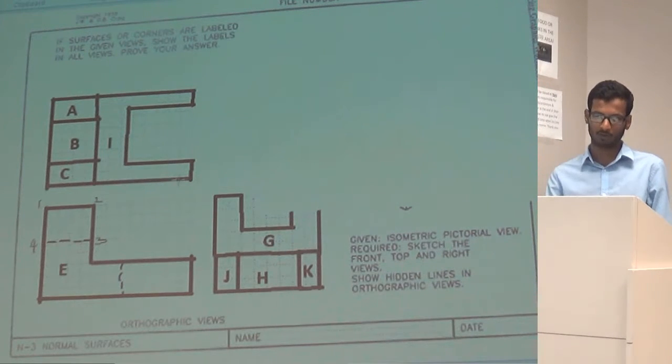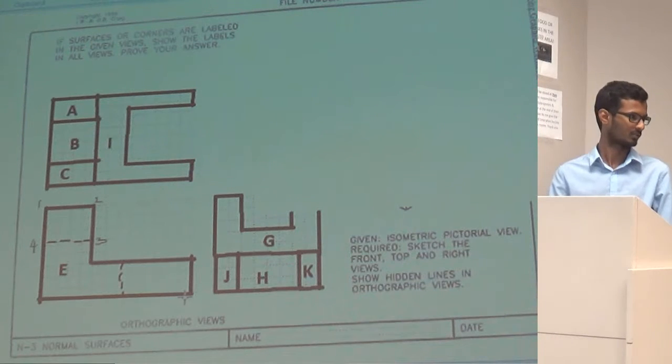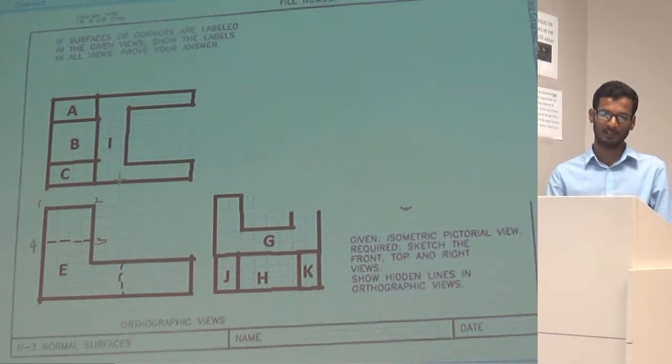So there are two horizontal edges in my top view which are about the same size as surface E. So the surface E might either be this edge or that edge. But it will not be this edge because this is the back face of the object.